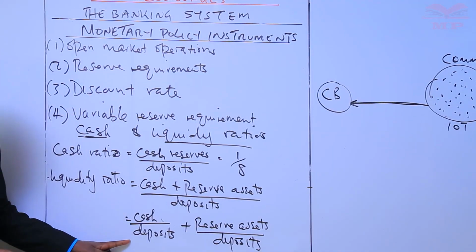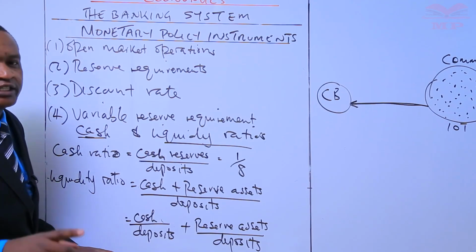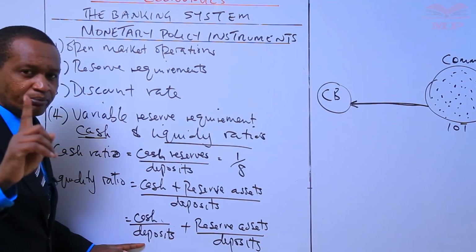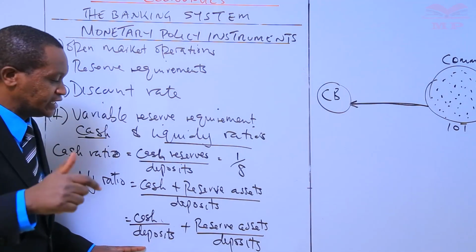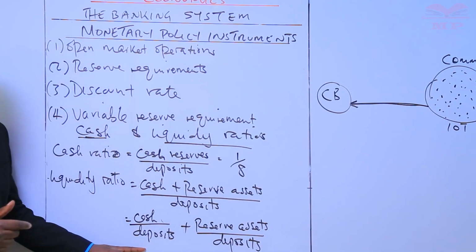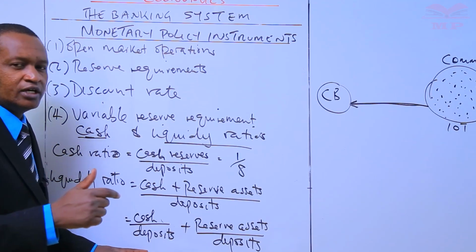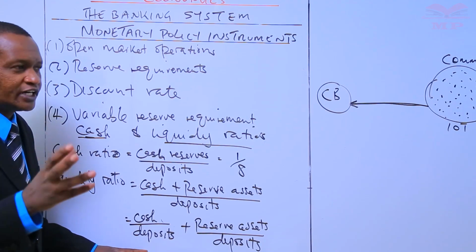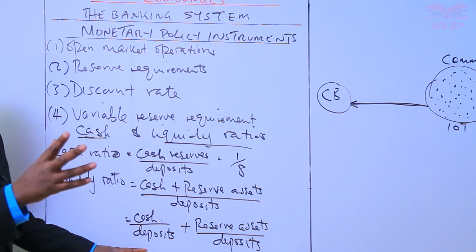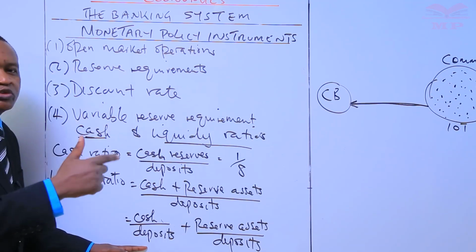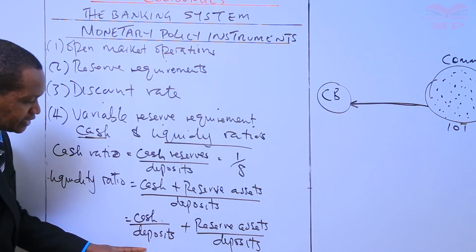And candidates, in most developing countries, the central bank requires that commercial banks maintain a certain level of liquidity ratio. And this level can be varied by the central bank depending on whether the central bank wants to increase money supply or decrease money supply.